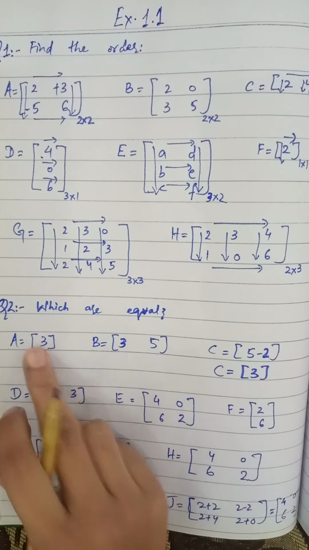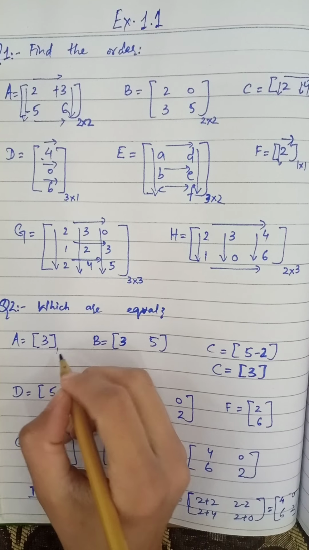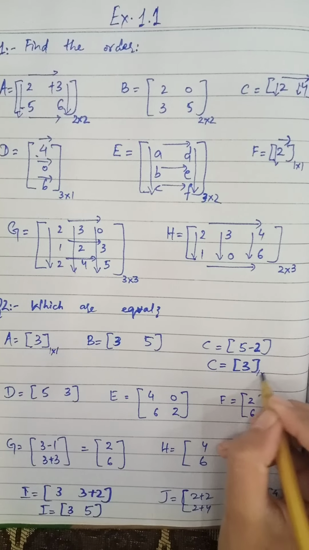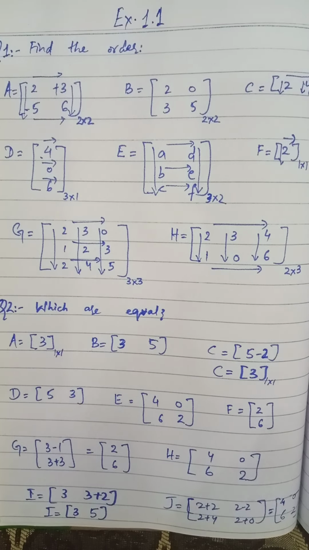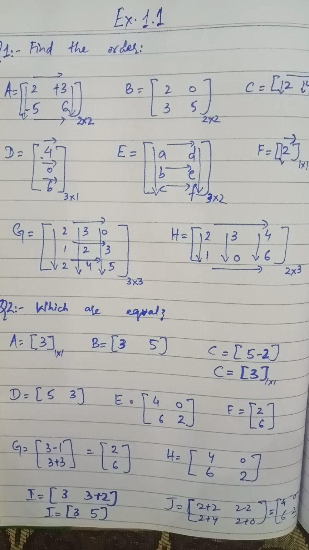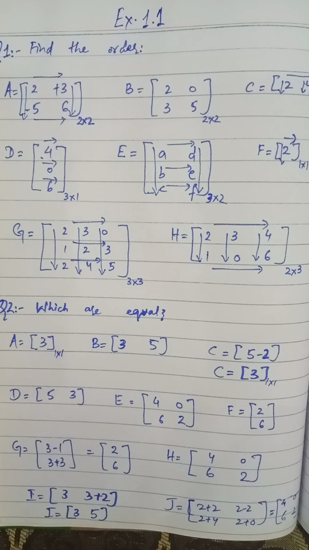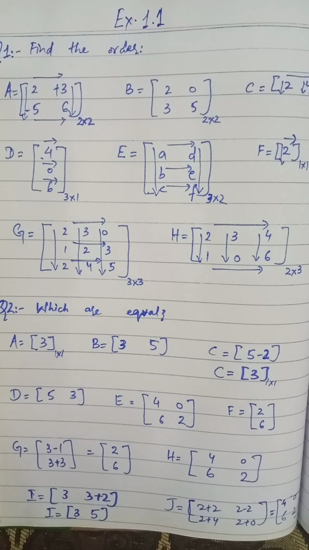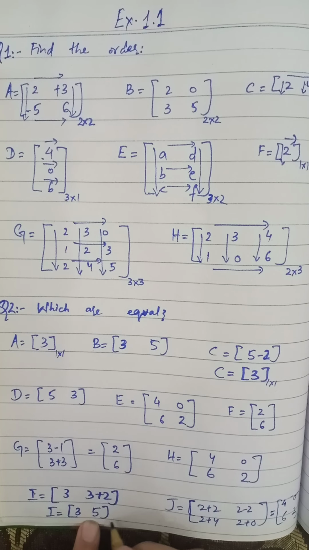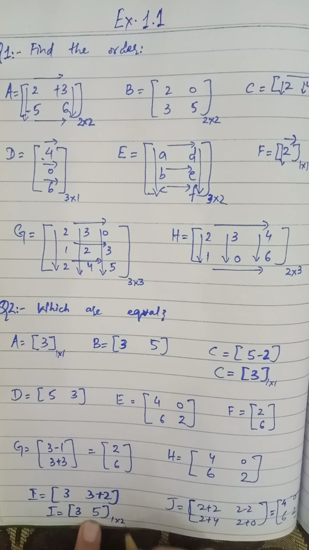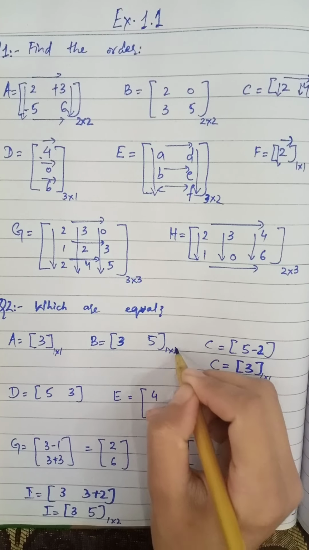A is equal to C: 1 cross 1, 1 cross 1, entries are equal, number of rows and columns are equal. Then by comparing, I can see that matrix B is equal to matrix I. It has 1 row, 2 columns. It has 1 row, 2 columns.